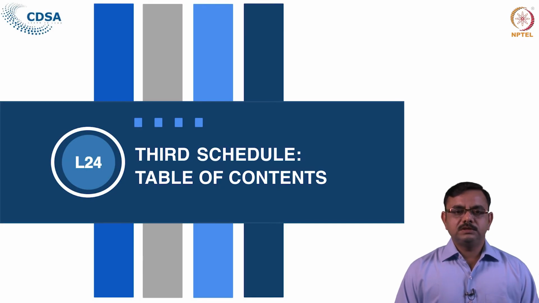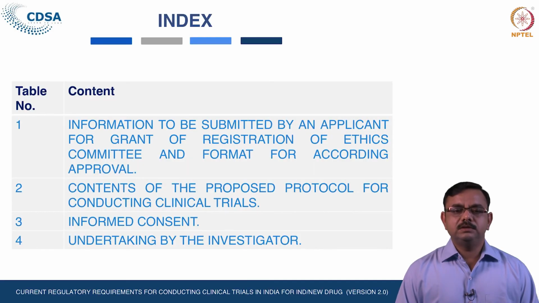Let us move toward the third schedule, which is the conduct of clinical trial. It contains around 8 tables; this is the schedule which has the largest number of tables.